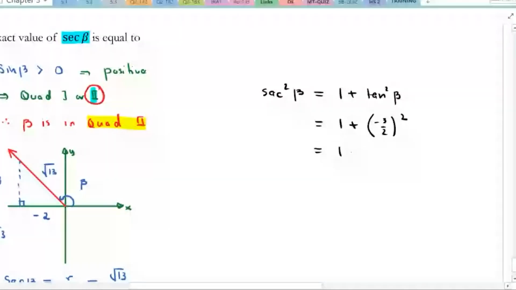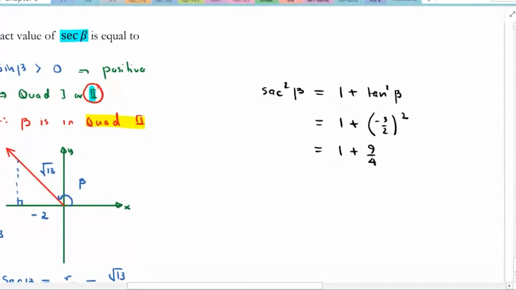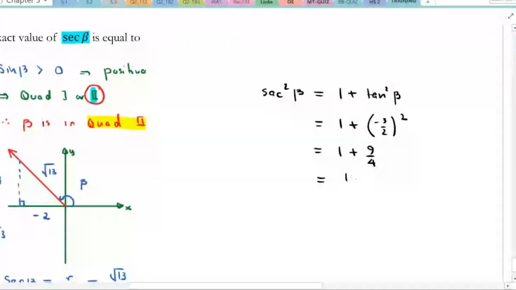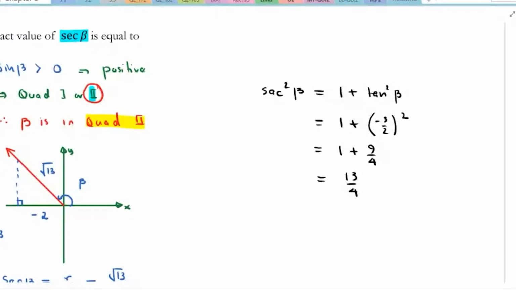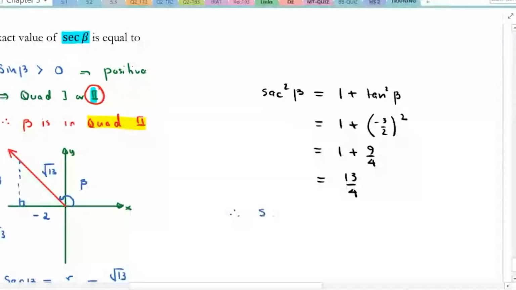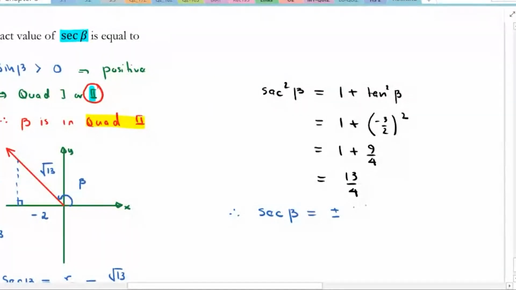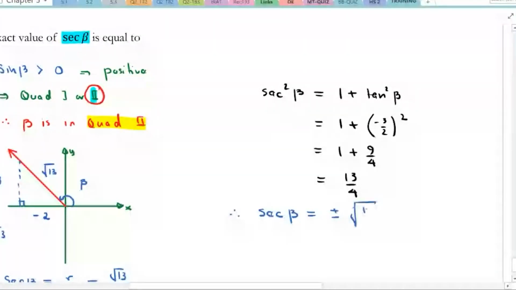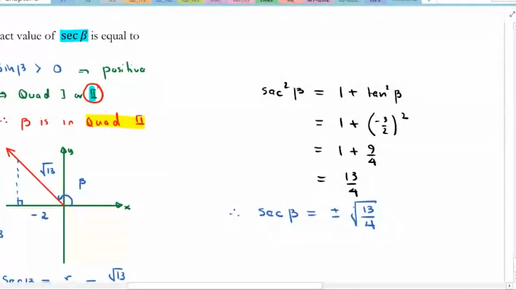And this is going to be equal to 1 plus 9 over 4. Okay, when you take the LCD, this is going to be equal to 13 over 4. Therefore, our secant of beta is going to be equal to plus or minus the square root of 13 divided by 4.